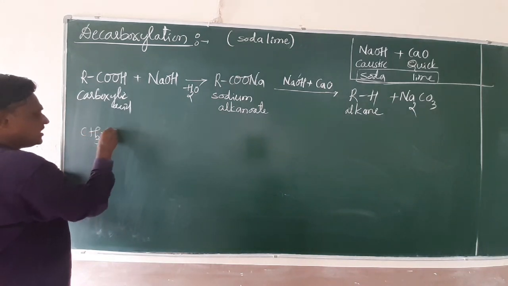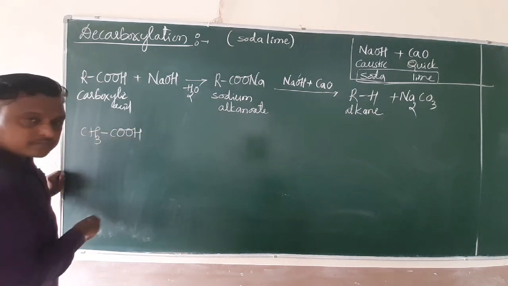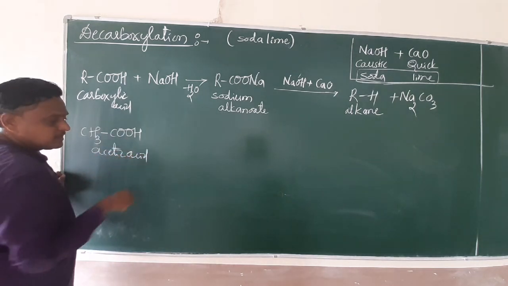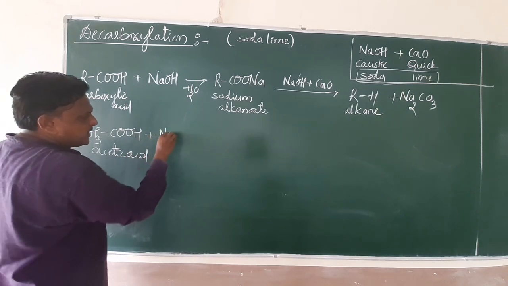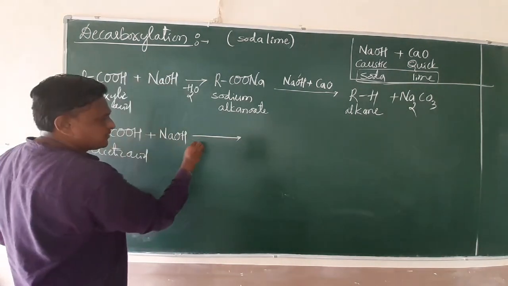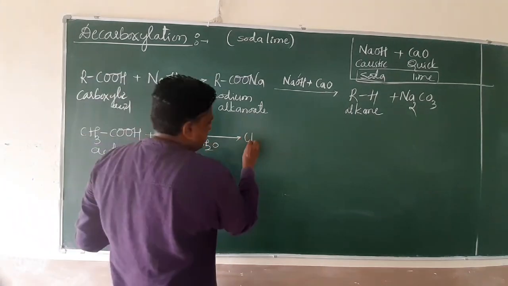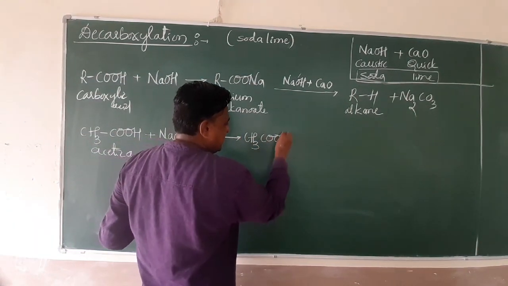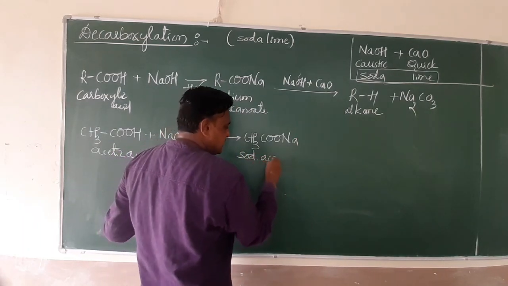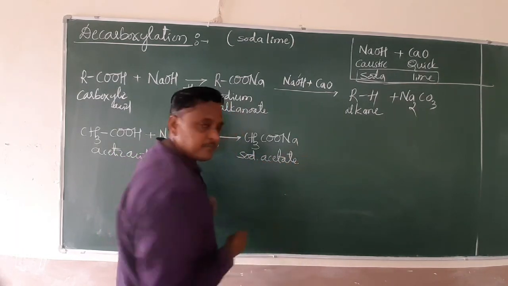CH3COOH is acetic acid. When acetic acid is fused with NaOH with the loss of water, the formula is CH3COONa, sodium acetate or ethanoate.